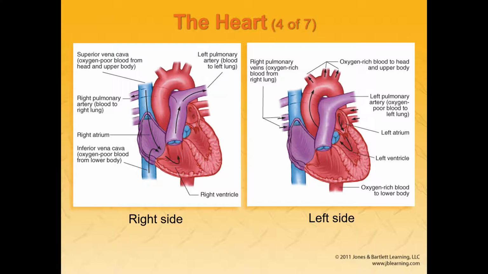And then you've got the left side. It's going to come back through the pulmonary vein. These are the only two veins, or two sets of veins, that carry oxygenated blood. So it'll come through there into the left atria, down to the left ventricle, and then up into the aorta and out to the rest of the body.